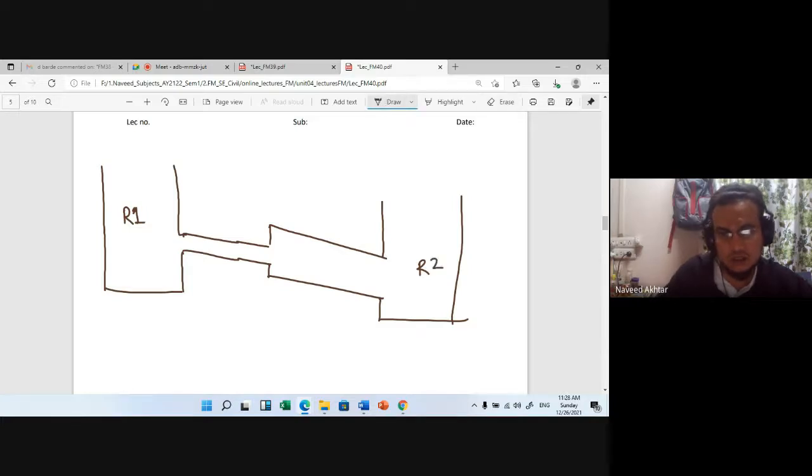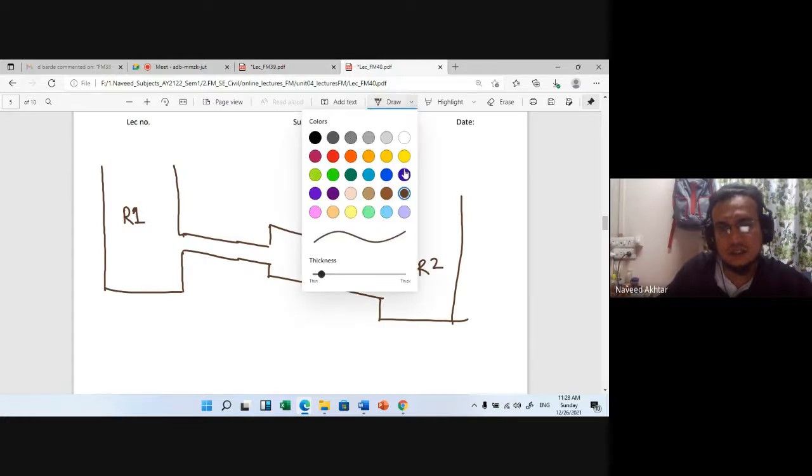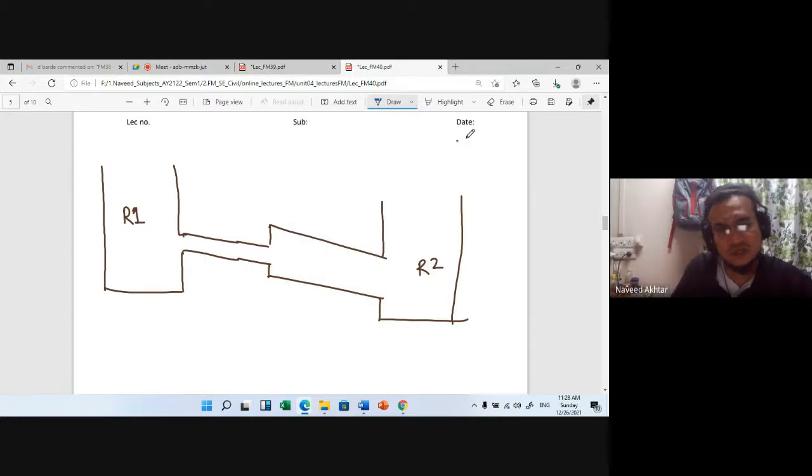Now you have to draw the energy line, because the energy line is always reducing as the flow proceeds. The flow starts from this surface, so there is some small head loss. Then here the loss due to sudden expansion at the joint, and then the exit loss, and the level of the water in reservoir number 2 will be below this line.